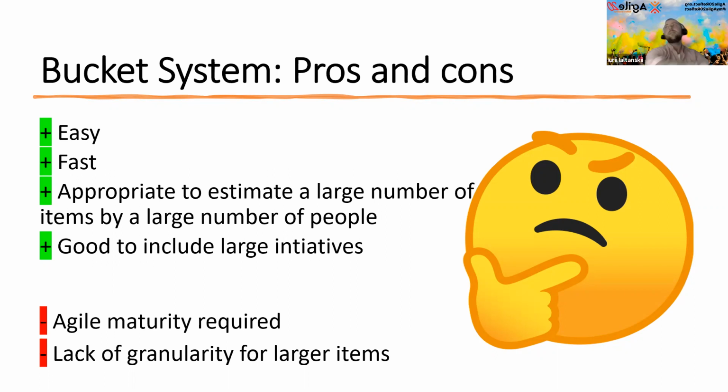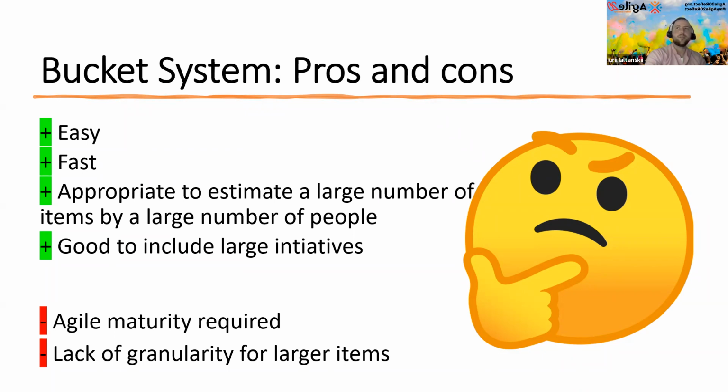In this case, it depends on what you have in your product backlog. Sometimes these are relatively smaller items, relatively granular, right? So it's like create a login form, or add some post button and so on. But by large initiatives, I mean a complete functionality.